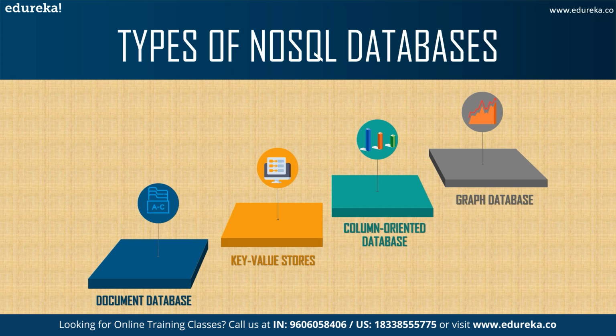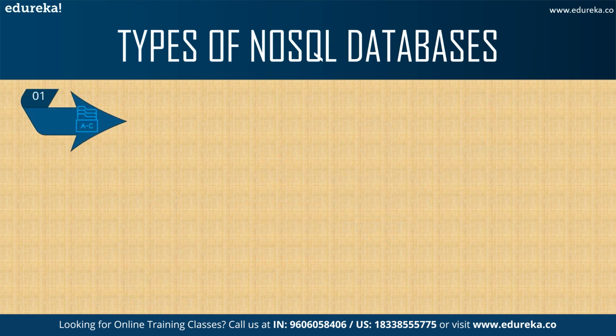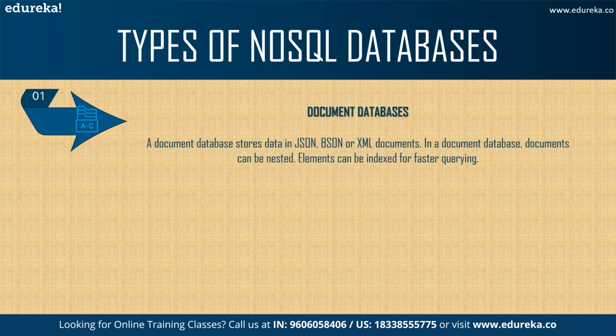Now, having all the types understood briefly, let's dive deep into it and understand it completely along with its use cases. Firstly, we have document database. Now, document database, as said earlier, stores data in JSON, BSON, or even XML format. In a document database, documents can be nested and particular elements can be indexed for faster querying.